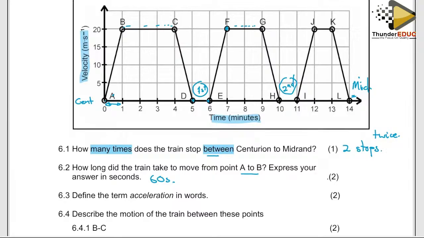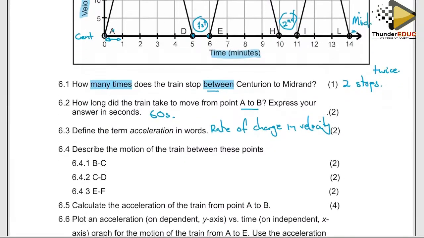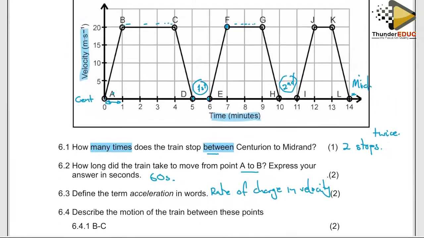Then define the term acceleration in words. This is defined as the rate of change of velocity. So that's how we define our acceleration. Then 6.4: describe the motion of the train between points B and C, right? So let's look at B and C there.